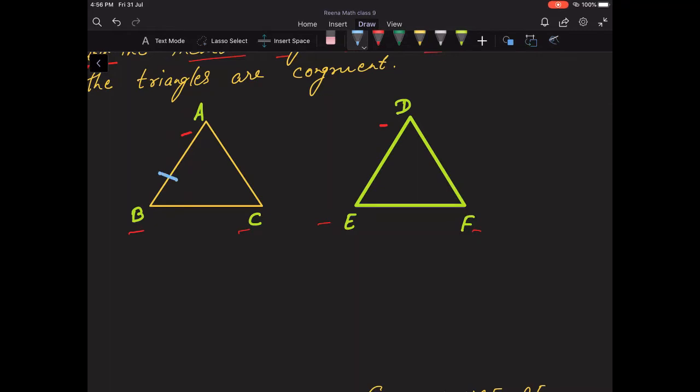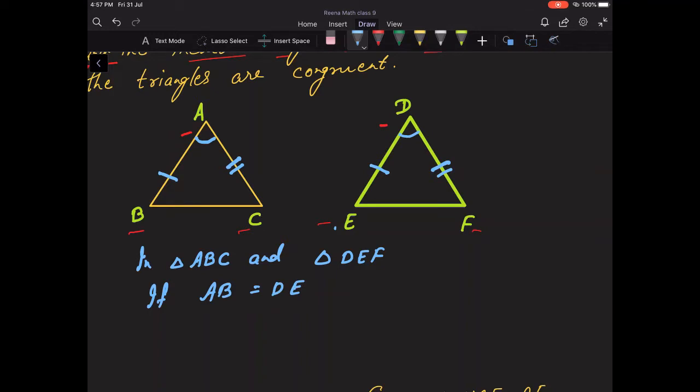If AB is equal to DE and AC is equal to DF, you can see the angle between AB and AC is angle A, and the angle between DE and DF is angle D. In triangle ABC and triangle DEF, if AB is equal to DE, AC is equal to DF and angle A is equal to angle D, then we say that triangle ABC is congruent to triangle DEF by SAS.